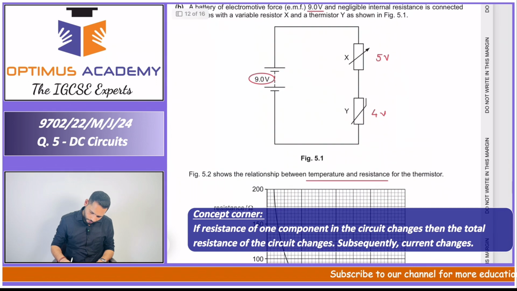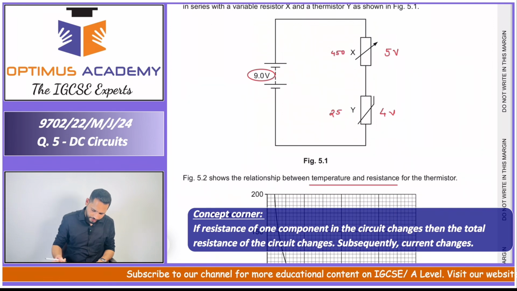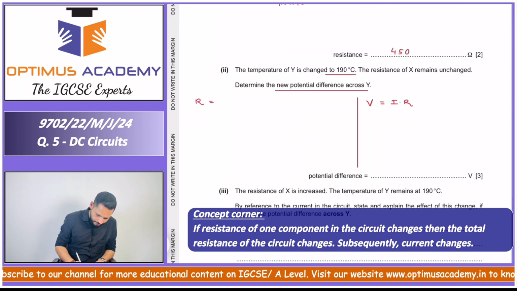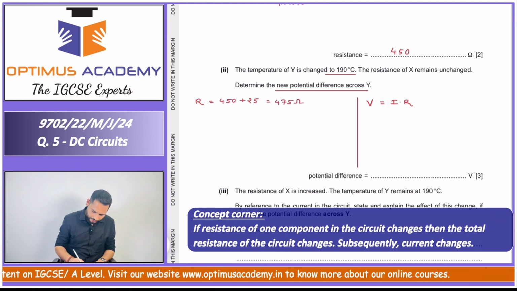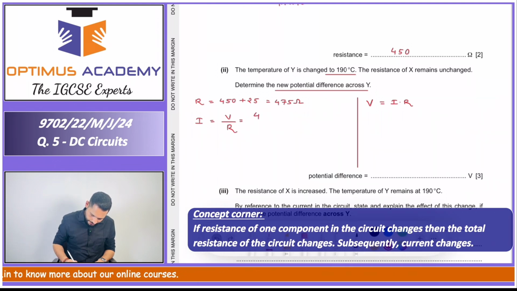So the resistance of Y is 25 and the resistance of X is 450 as we have calculated. The total resistance of the circuit will be 450 plus 25, that is 475 ohms. Then the total current in the circuit will be total voltage upon total resistance, that is 9 upon 475.